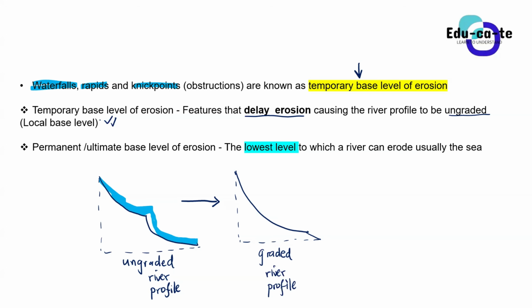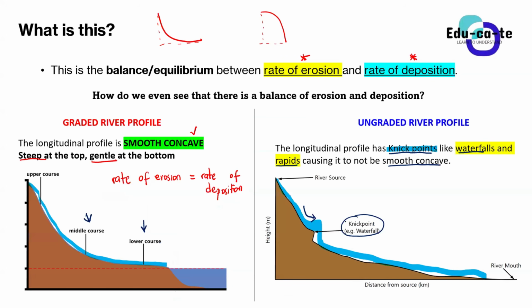But if we look at the longitudinal profile and we see that the path is not smooth, like the one that we have here, the river will experience a lot of turbulence the moment it falls down here at the nick point. It experiences a lot of turbulence because it is not a smooth profile. It's not like in a graded profile where the river just flows in a reasonable manner.